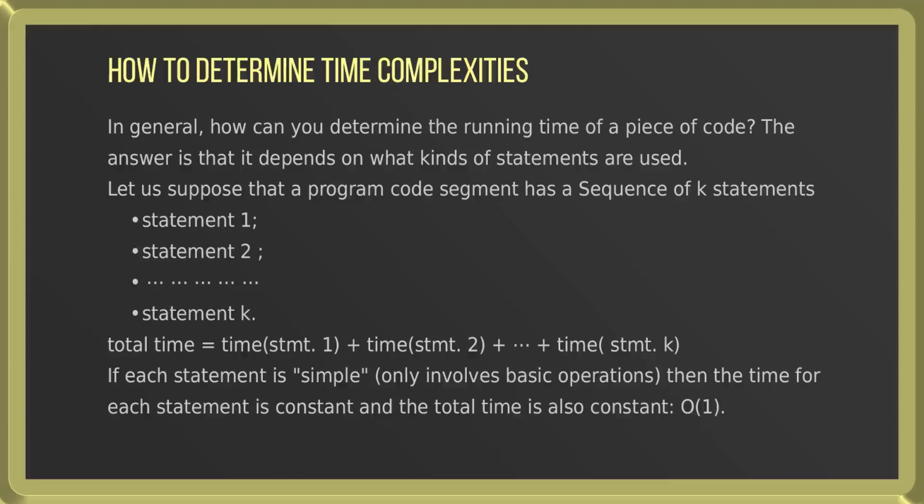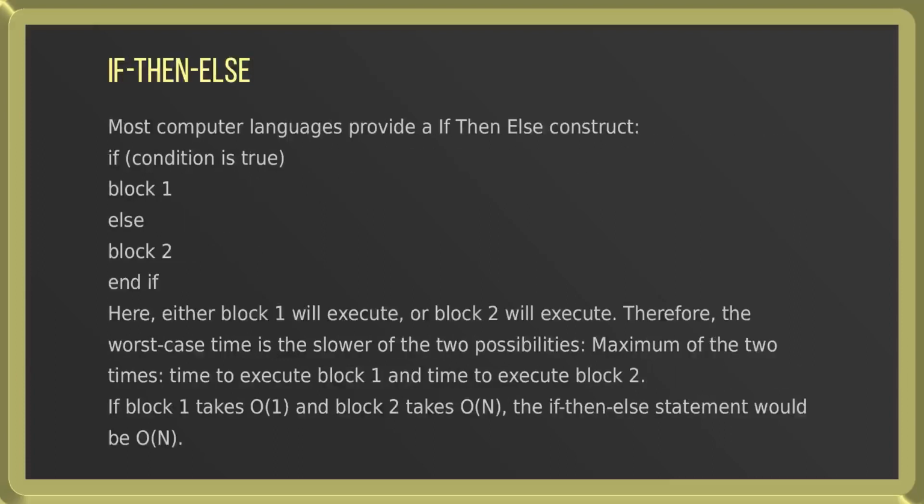The total time is found by adding the times for all statements. Total time equals time for statement 1, plus time for statement 2, plus ... plus time for statement k. If each statement is simple, only involves basic operations, then the time for each statement is constant and the total time is also constant: O(1).